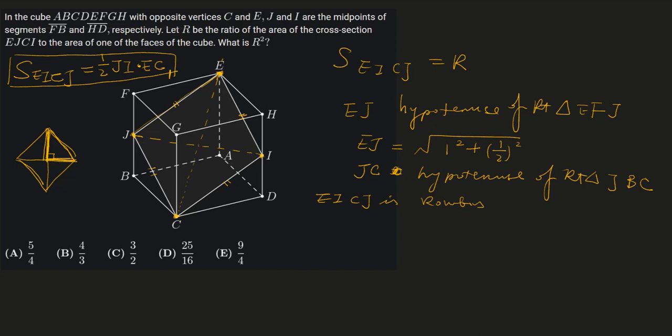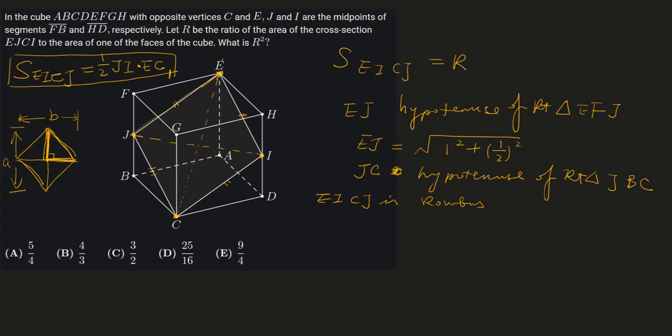It's a right triangle. And let's assume this diagonal from here to here is A. And let's assume the other diagonal has a length of B, right?